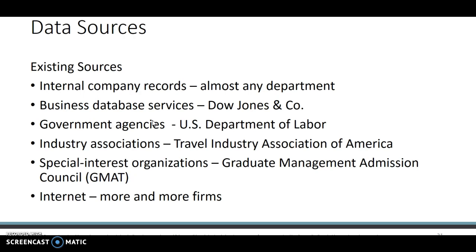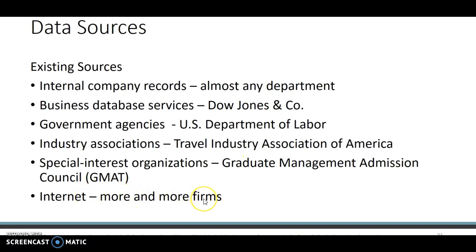Data sources: there are numerous places you can get data. This is one of the things that statistics students come out with the least amount of knowledge of. You can get it from internal company records, mostly if you're working for that company. There are large business database services such as Dow Jones and Company. Government agencies, like the U.S. Department of Labor, keep unemployment statistics. Industry associations, such as the Travel Industry Association of America, and special internet organizations.